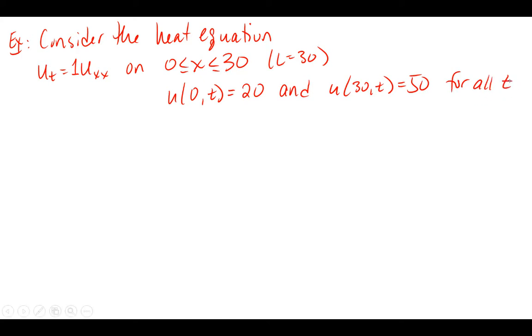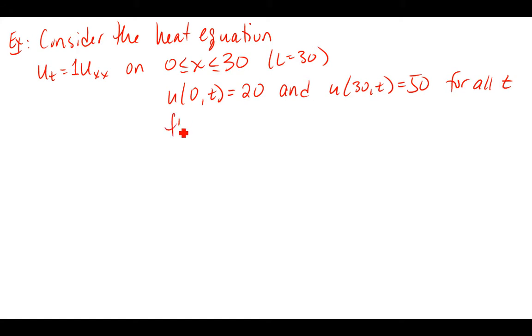So we're setting up a problem with uneven temperatures on the ends. The left end of the bar is 20 degrees, and the right end is 50. Obviously the left end is the cold end. If this is Fahrenheit, 20 is definitely cold, and 50 is maybe just cool, or at least warmer on the right side.